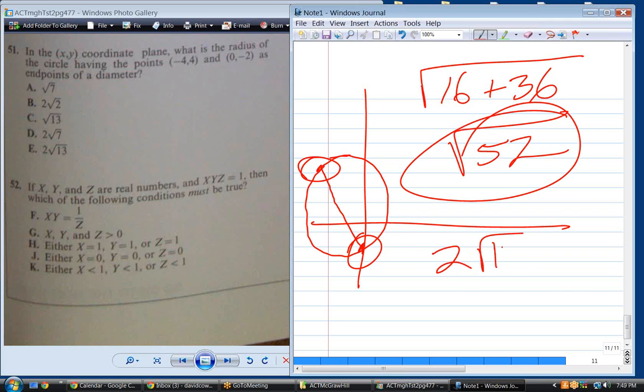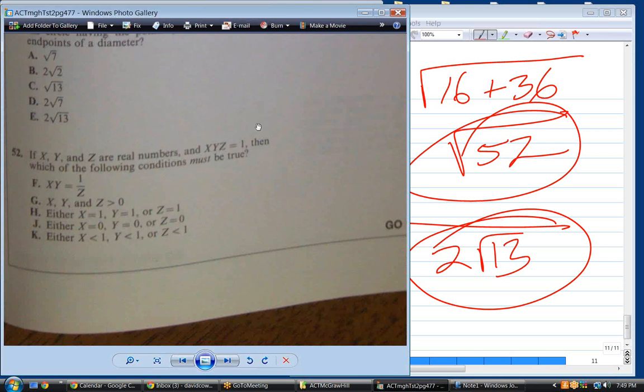So that's 2 root 13. That's the diameter. So the radius is half that. So root 13. Yeah, and they do put the trap answer on there. They won't always. Sometimes they give you a break and they don't put the trap answer on there so that when you come up with the trap answer, you realize that, I must have done something wrong.